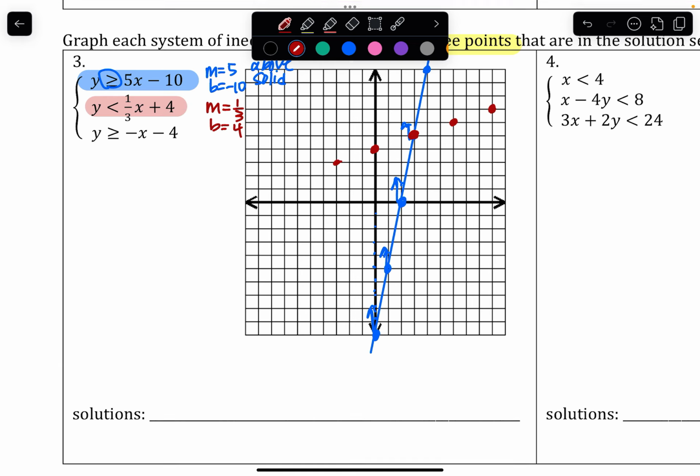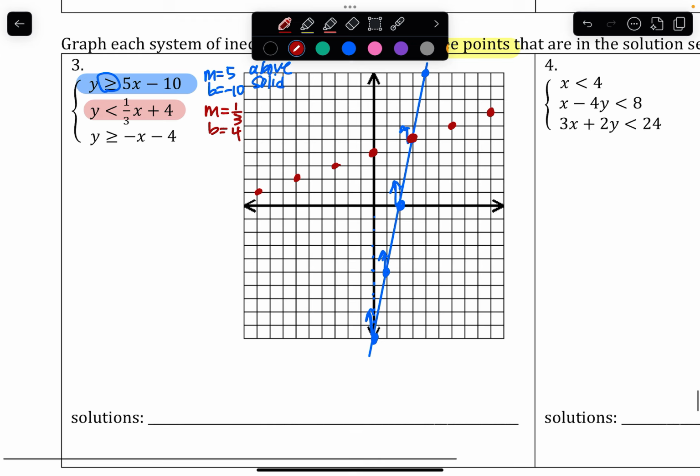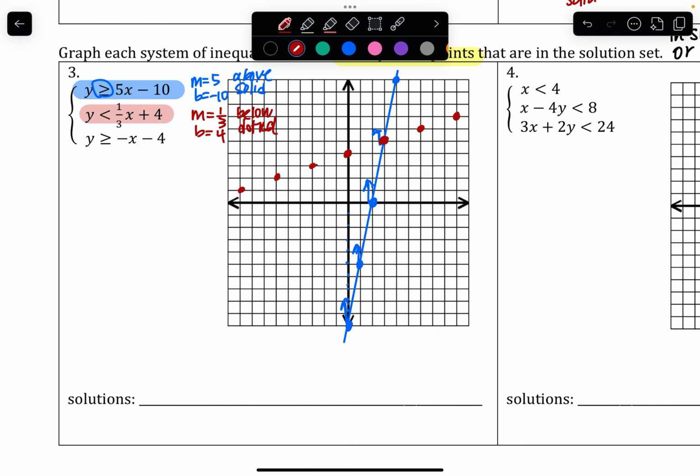We go down 1, back 3, and still have a positive slope. Okay, and this one is below because it's less than and dotted. Okay, and so we're going to do a dotted line through our points.